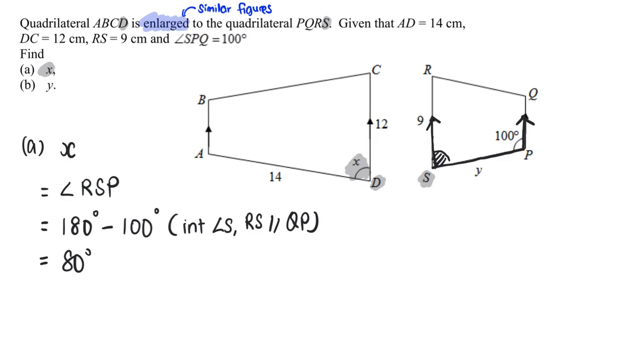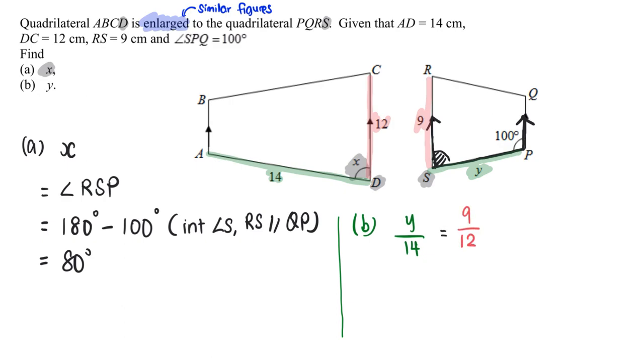Part B, find y. So to find y, right, I need to identify the corresponding sides, AD and PS, and therefore by using the corresponding side that they are in proportion, meaning y over 14 is equal to 9 over 12.